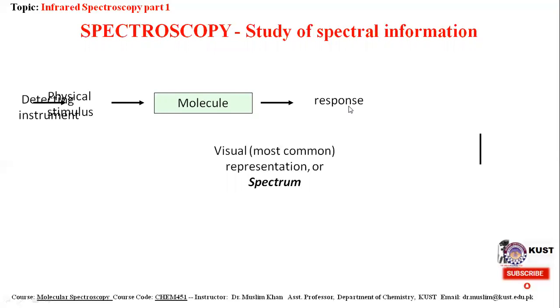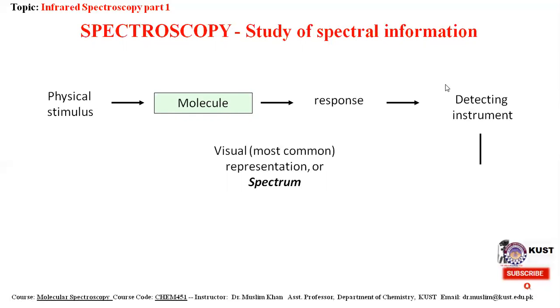What we do is detect the response of the molecule by an instrument, like a UV absorption spectrometer, an NMR spectrometer, or an IR spectrometer. We are measuring this response.